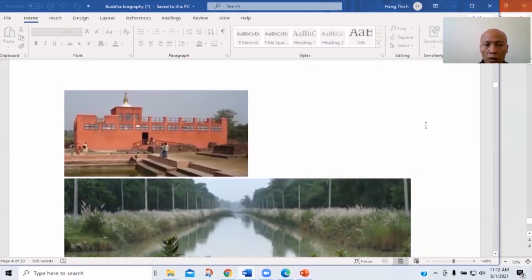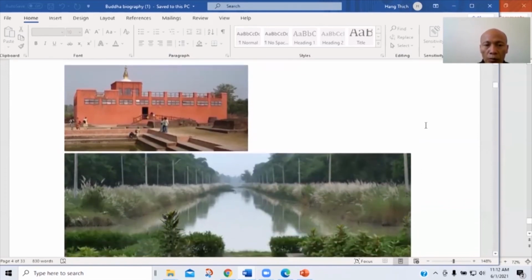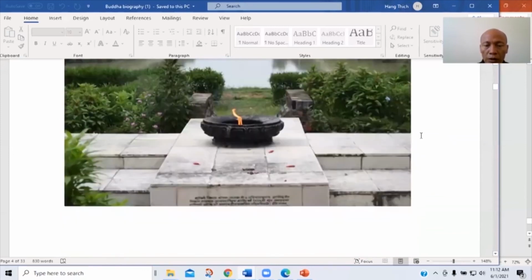That is the tradition. But on the way, she stopped at this place and gave birth to Prince Siddhartha.